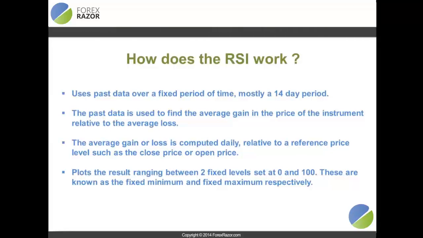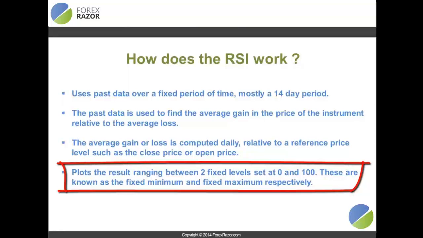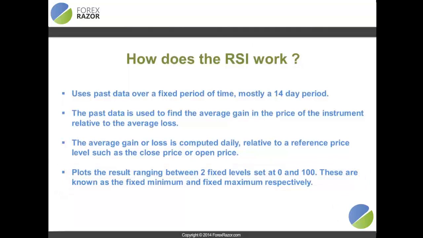The average gain or loss is computed daily relative to a reference price level, such as the close price or the open price. The result is then plotted between two fixed levels that are set at 0 and 100. These are known as the fixed minimum and fixed maximum respectively.